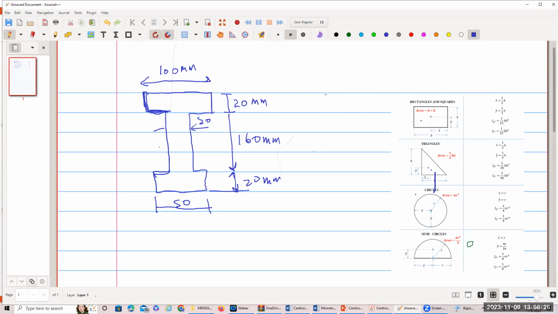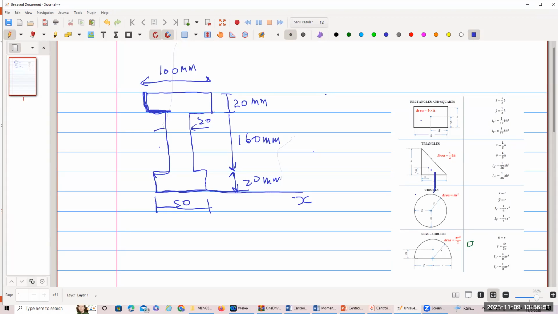Where did I put the x-axis? Did I put the x-axis at the bottom? You put the x-axis at the bottom, right?